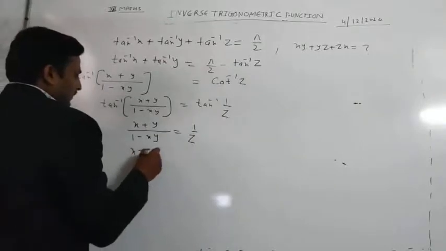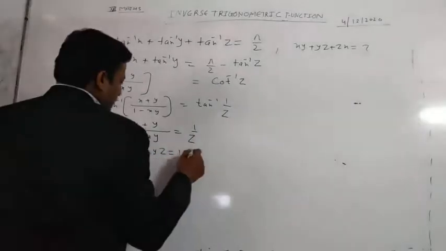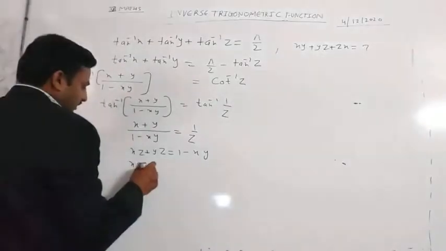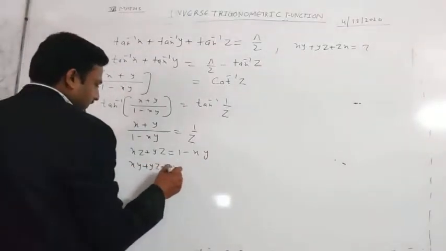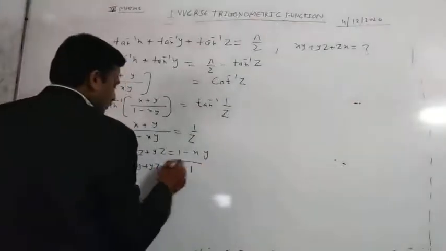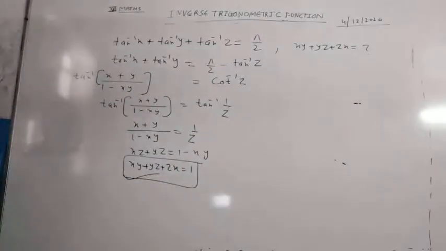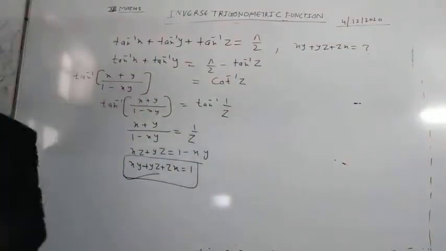So xz plus yz is equal to 1 minus xy. So xy plus yz plus zx is equal to 1. So the value of xy plus yz plus zx will be equal to 1.